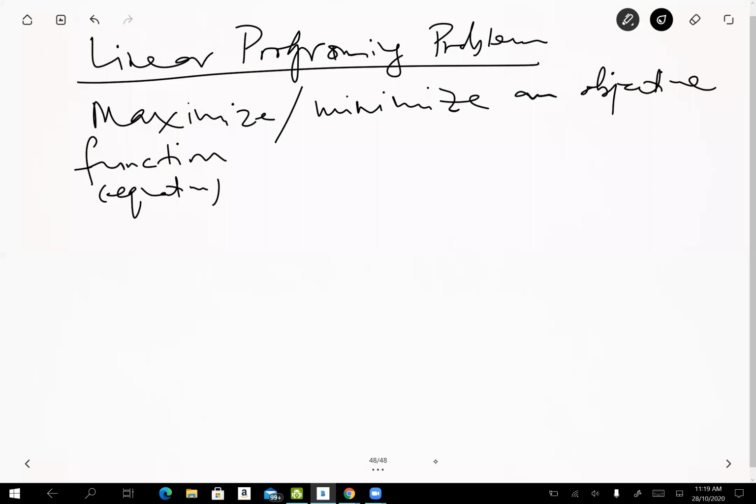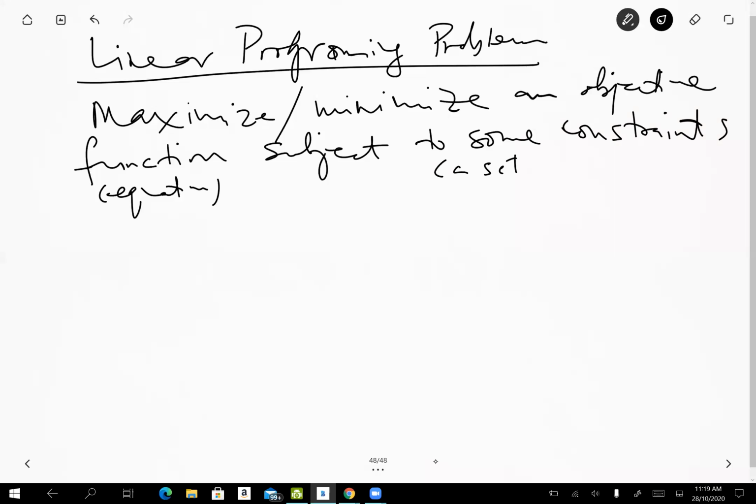But most of the time, we use a function, an objective function, subject to some constraints, or we call it a set of constraints.